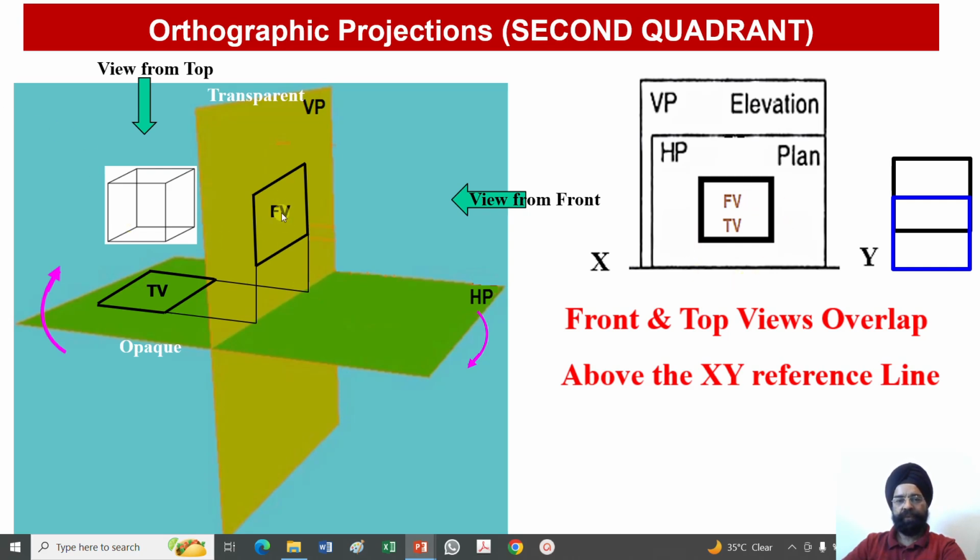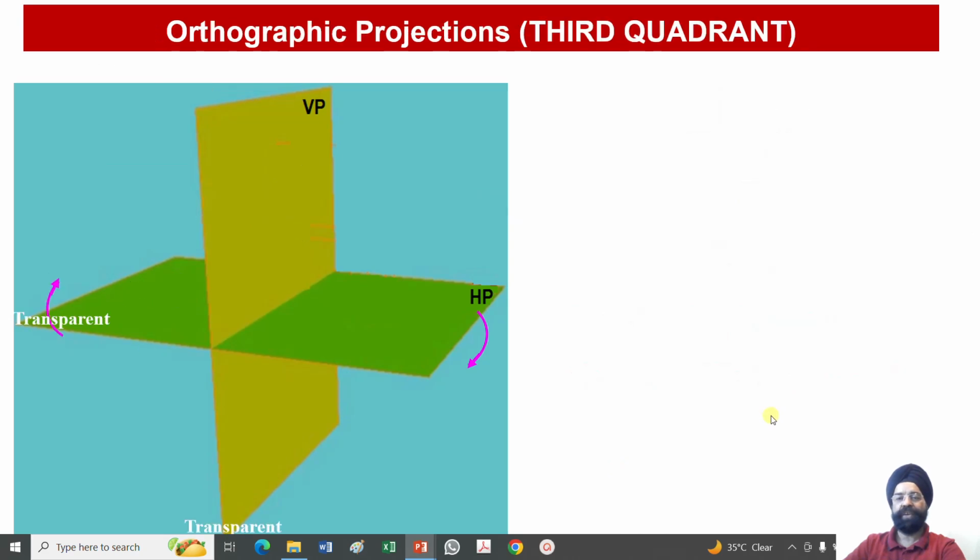You can see the front view will lie above HP and this top view will lie, after rotation, above the XY line. So the front view and top view, both of these views, lie above the XY line, leading to overlapping or interference and reduction in clarity. So we don't draw projections in the second quadrant.